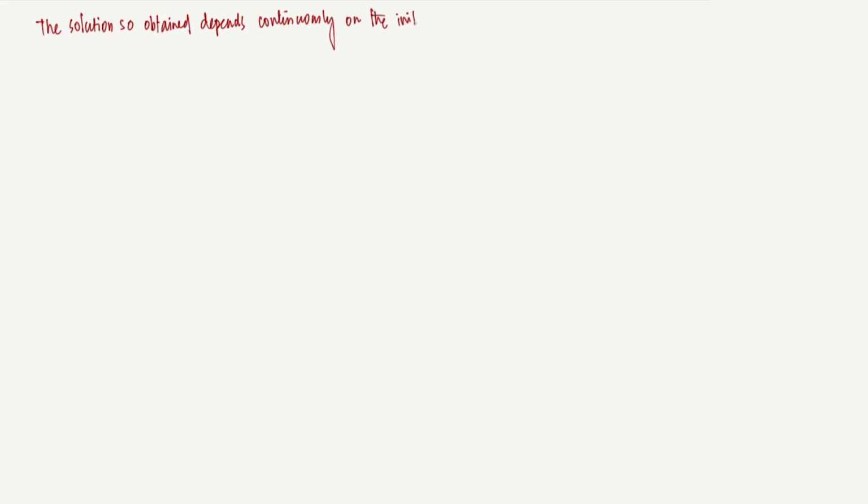What does it mean? It means that if you change the initial data a little bit, the solution also changes a little bit. Of course, saying that something changes a little bit doesn't make much mathematical sense.